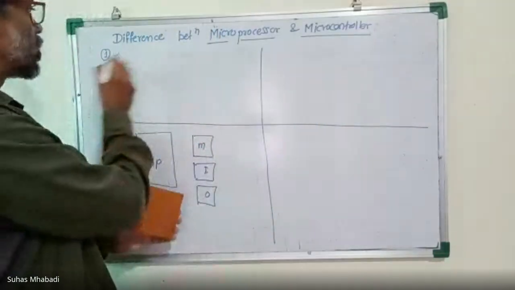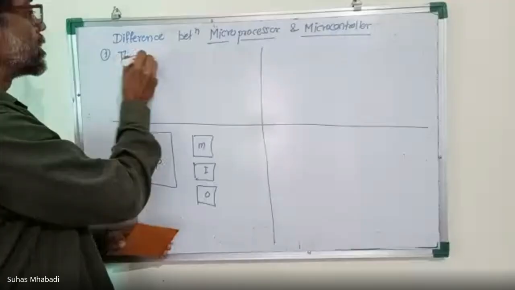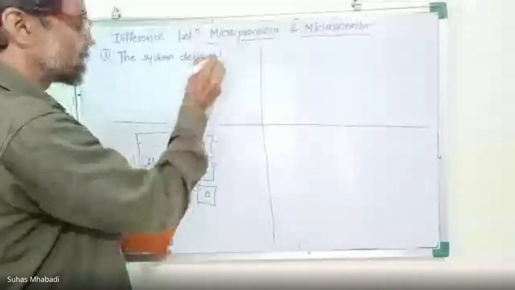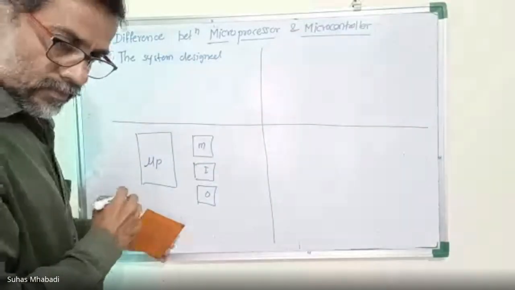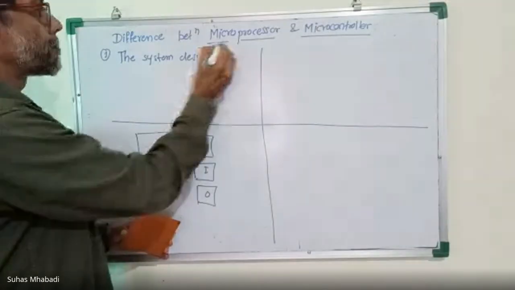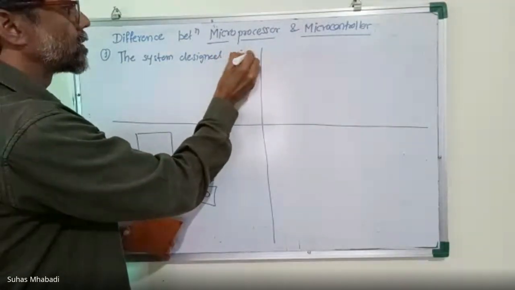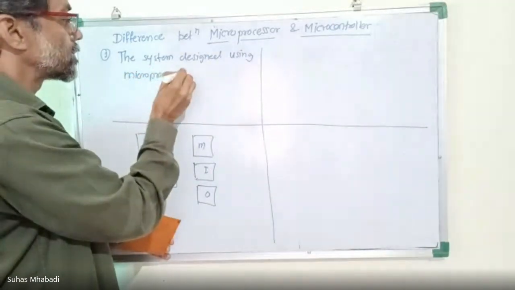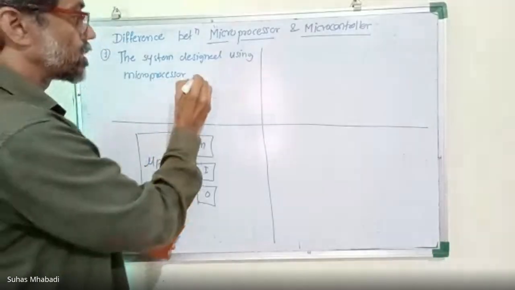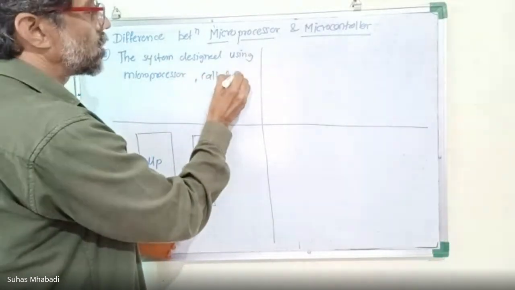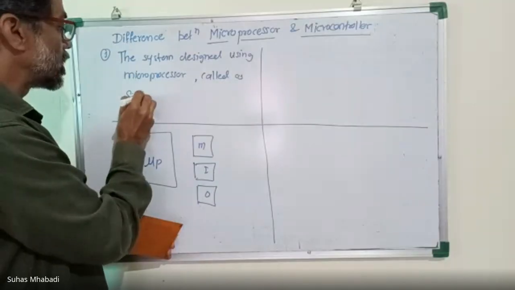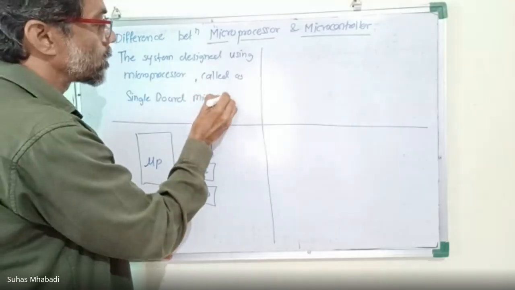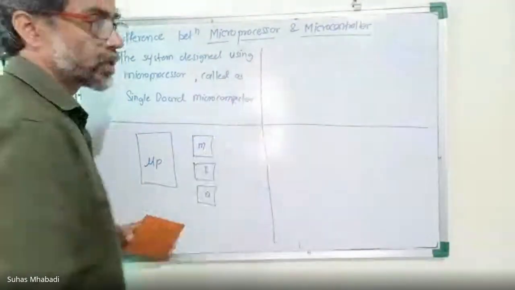So the first point, please note down: the system designed using microprocessor is called a single board microcomputer. हा single board आहे.